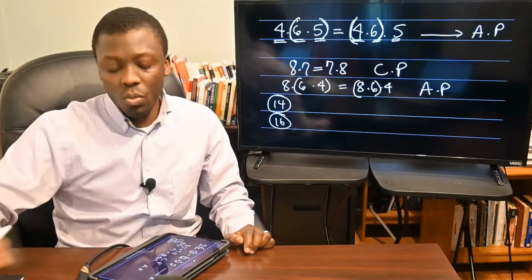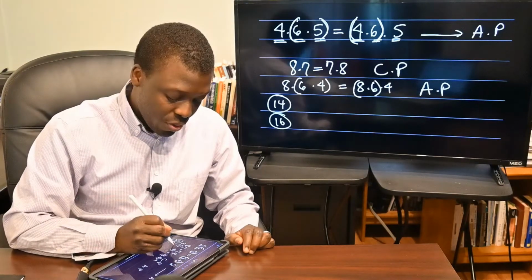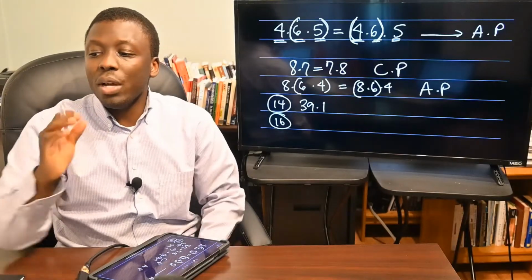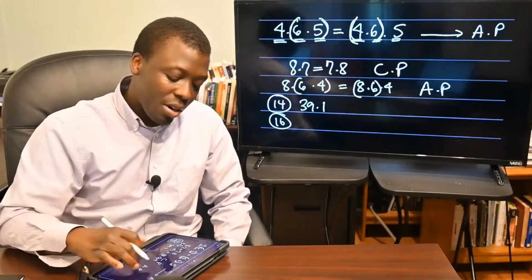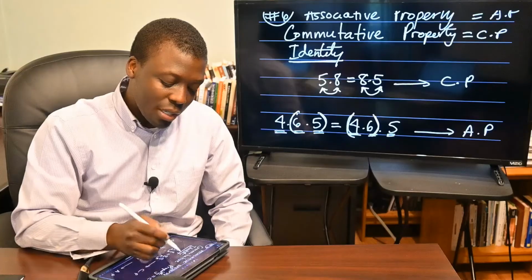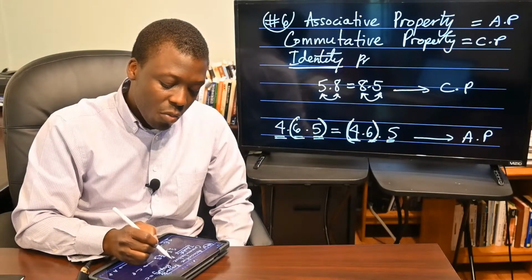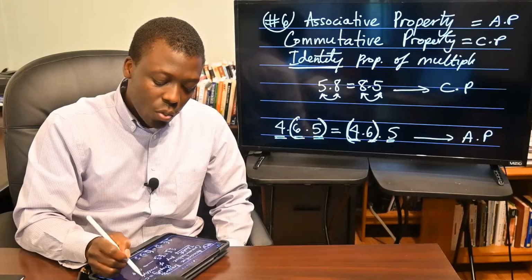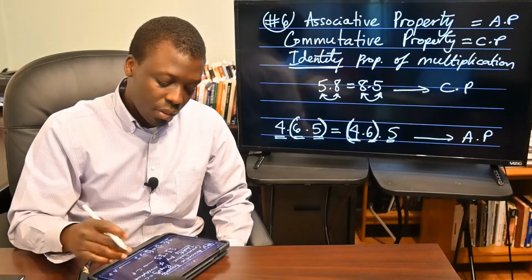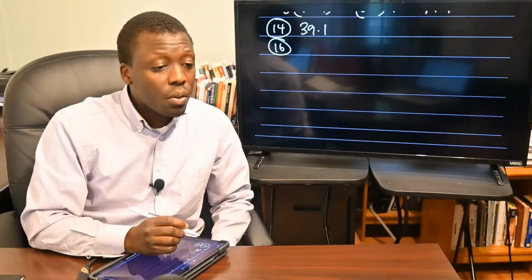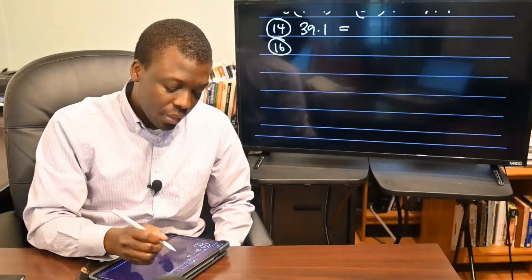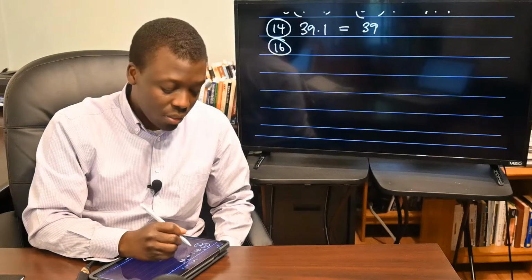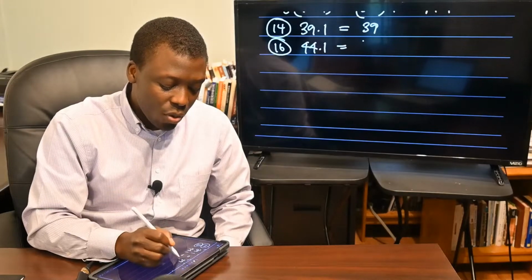Number 14, what do you do when they ask you 39 times 1? We are looking at one of the properties I mentioned earlier, which I'm calling the identity property of multiplication. For number 14, 39 times 1 is 39, and for number 16, 44 times 1 is 44.